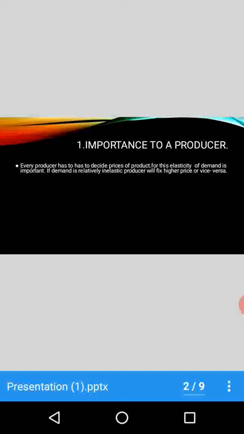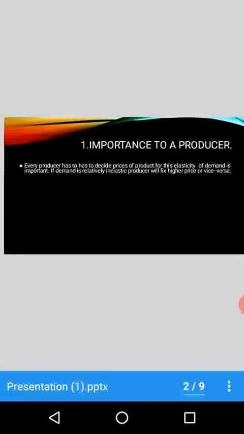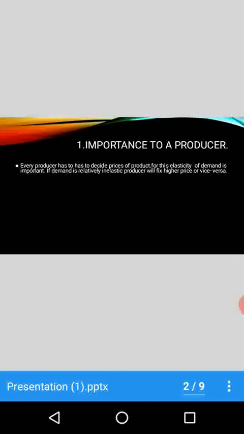The meaning of relatively inelastic demand is that the percentage change in demand is less than the percentage change in price.